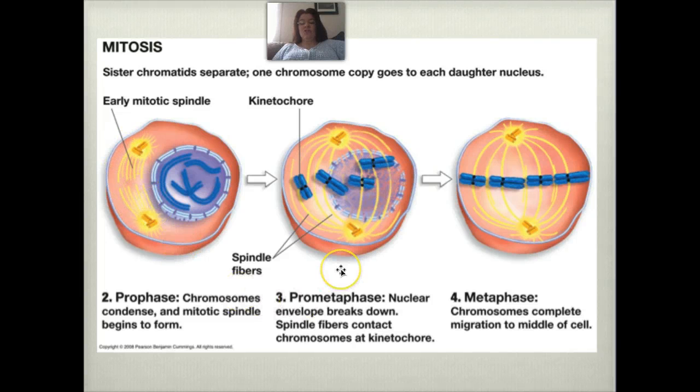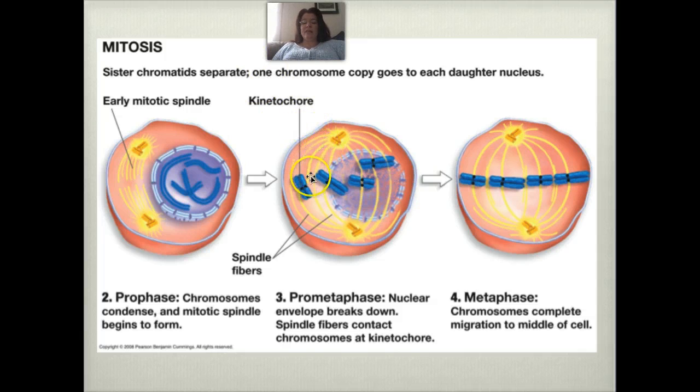So another term that you can see on this slide comes up when we start talking about our next stage, which is prometaphase. In prometaphase, our duplicated chromosomes, our copied chromosomes, are going to connect with one another. This connection point is called a centromere, and inside the centromere, there's another structure called a kinetochore.